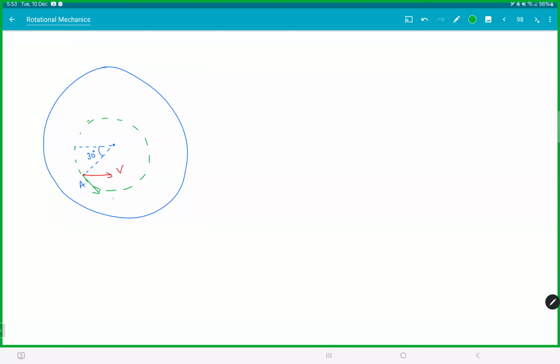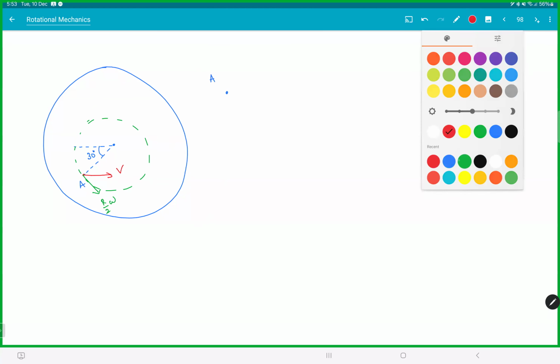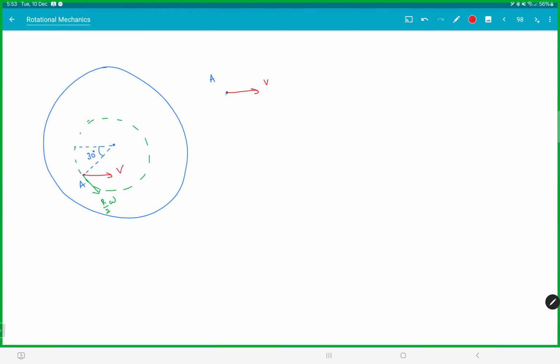So this will be the velocity, which is r by 2 omega, because radius is r by 2. So A's velocities are like this: V this way, r omega by 2. And remember, omega is given as 3v by r. So r omega by 2 is 3v by 2.